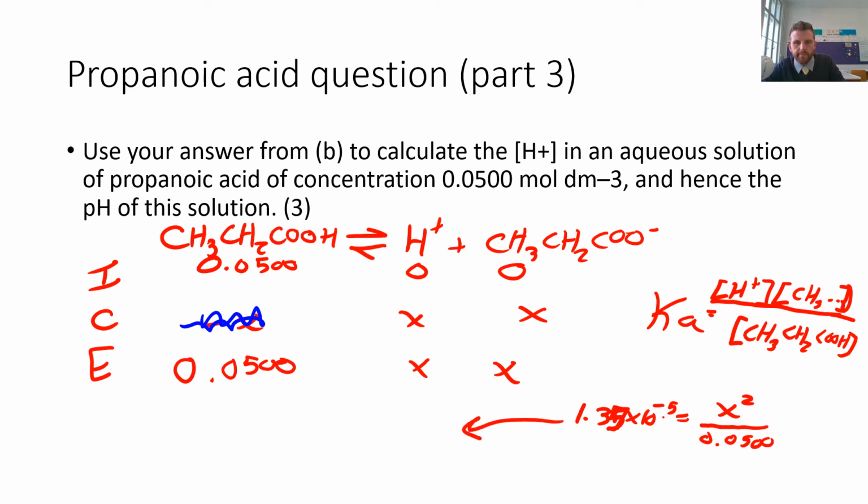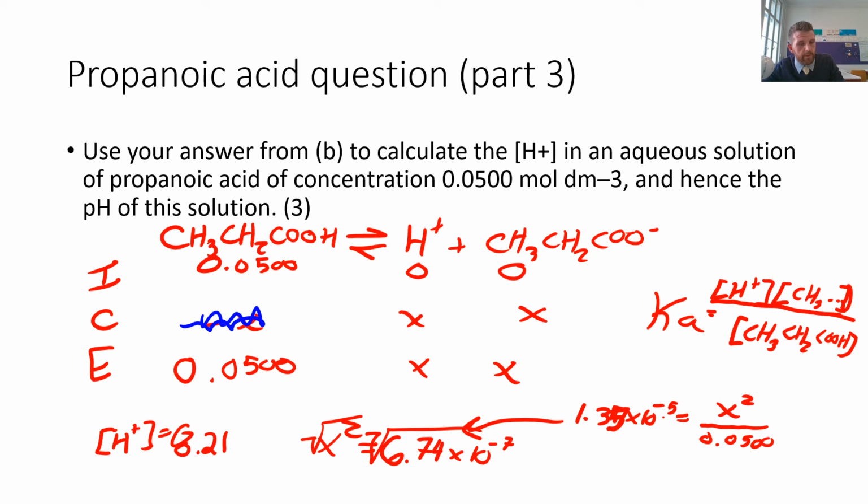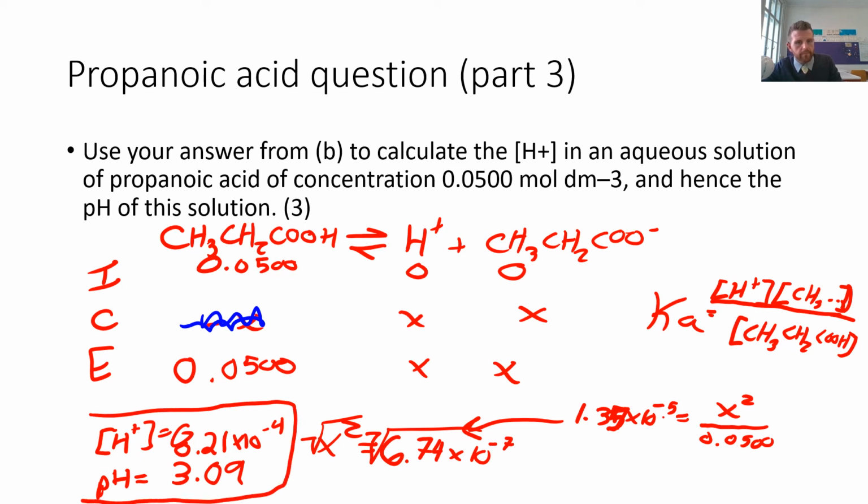So therefore, x squared is equal to 6.74 times 10 to the negative 7, which means the concentration of H⁺ is equal to, I'm going to square root both sides, 8.21 times 10 to the negative 4, which means the pH is going to be equal to 3.09. Ta-da!